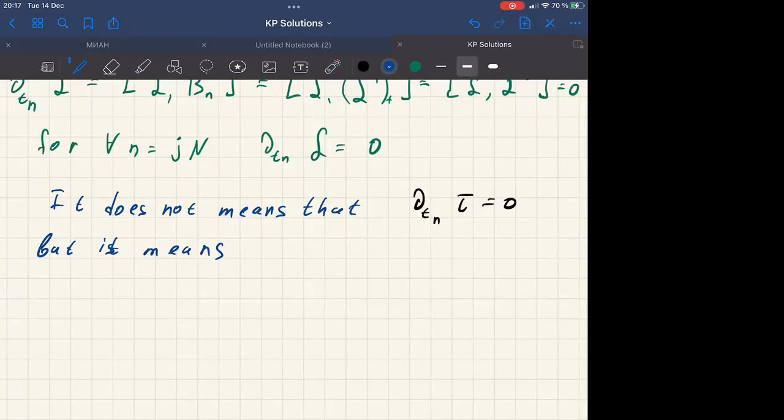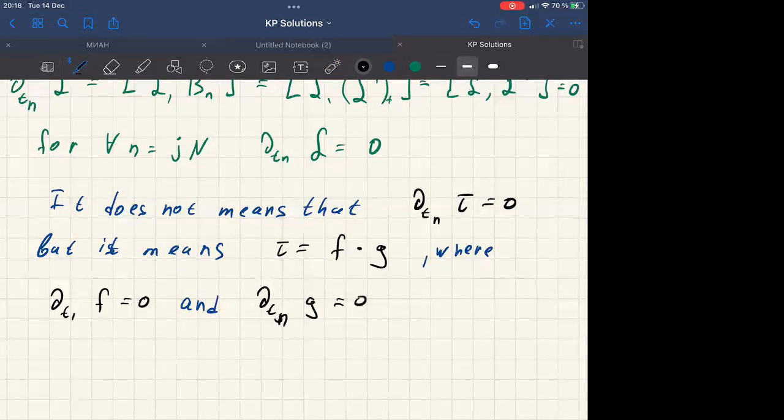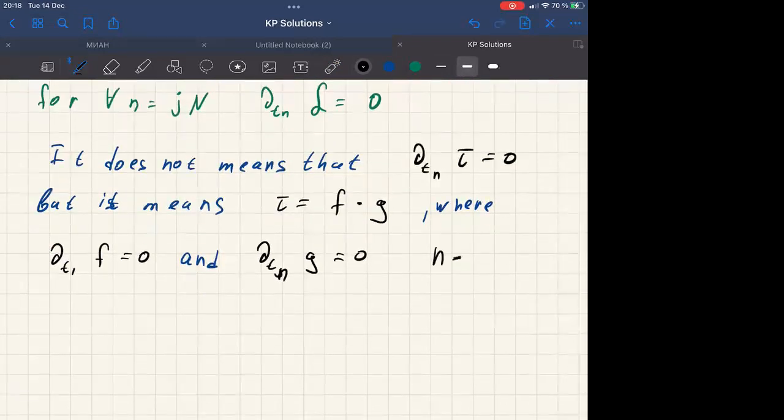But it means that tau equals f times g, where dt1 f equals 0 and dtn g equals 0 for n equal to jn.